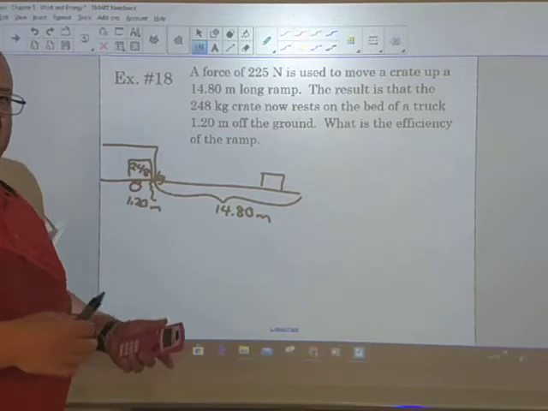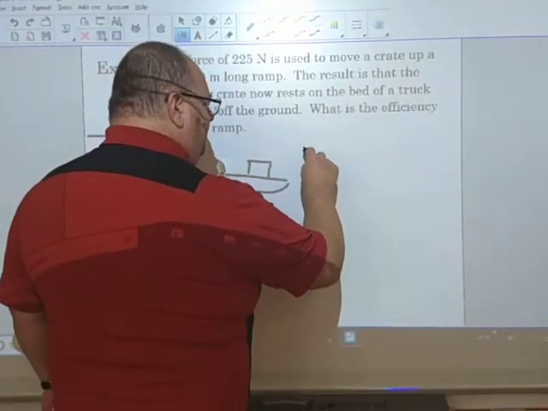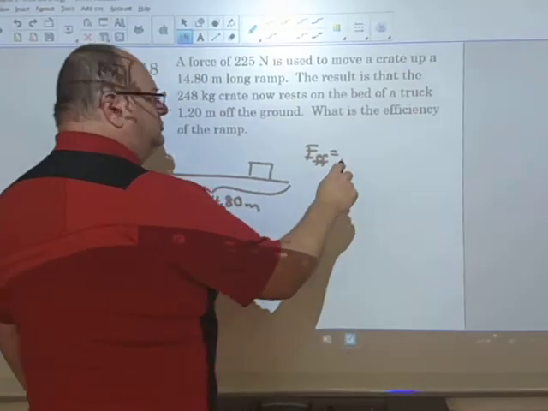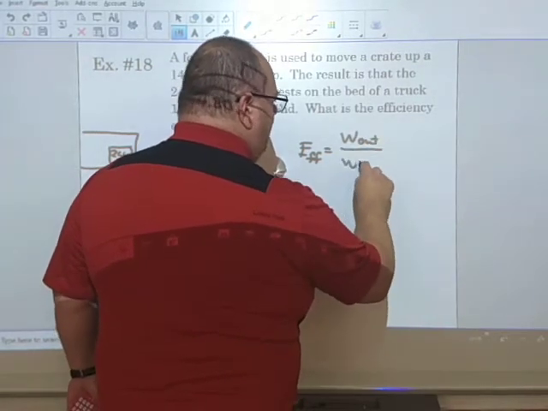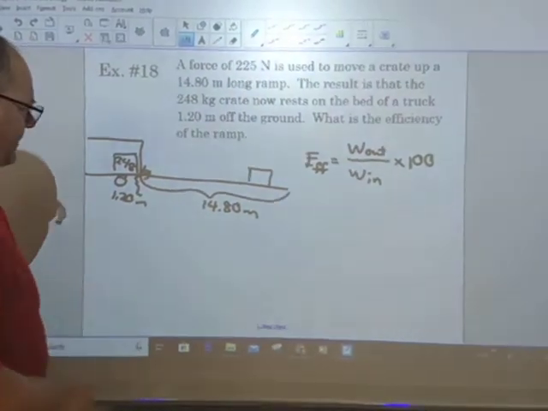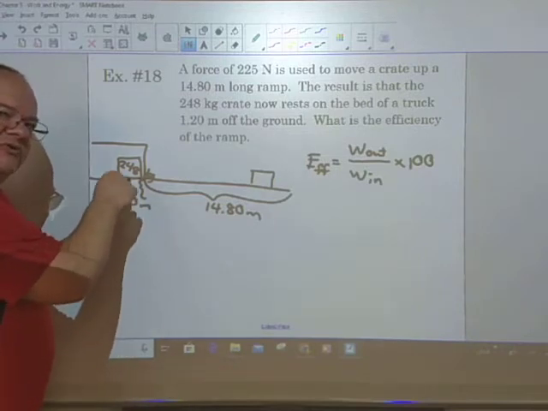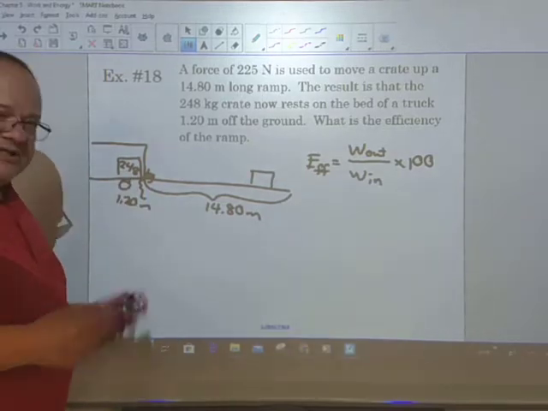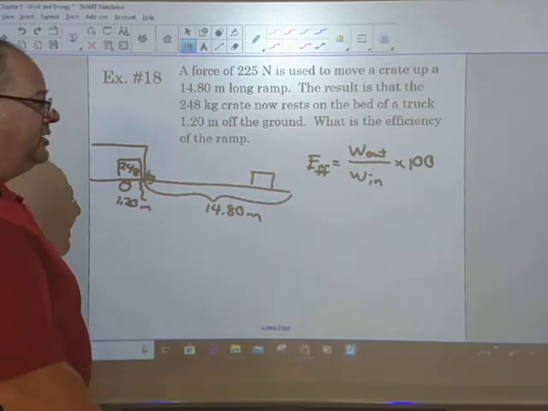All right, so let's think about what we accomplished, if efficiency is the work output over the work input times 100. Well, work output, we can think of in terms of gravitational potential energy. I lifted this object that far. That's the result. It was on the ground, now it's on the truck.